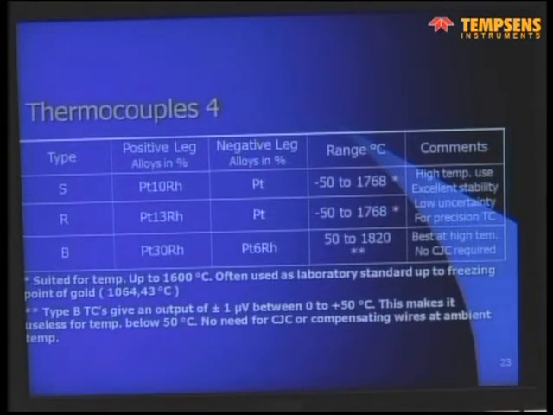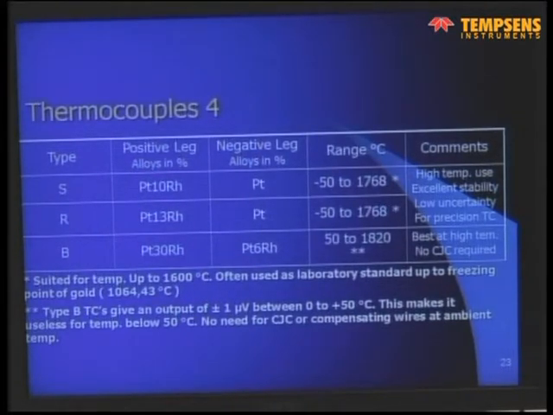The type B can be used at higher temperatures, and the advantage for type B is that up to ambient temperatures of 50 degrees, it does not use extension wire or compensating wire. It needs no cold junction compensation. When you have a graphical display of the EMF in the range between 0 and 50 degrees, you will find that it is only in the range of plus minus 1 microvolt.